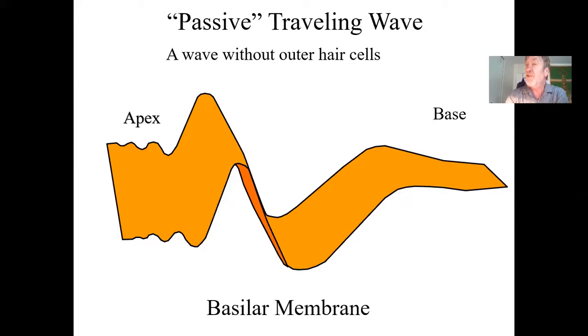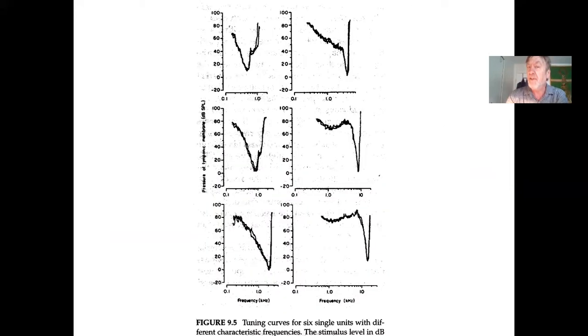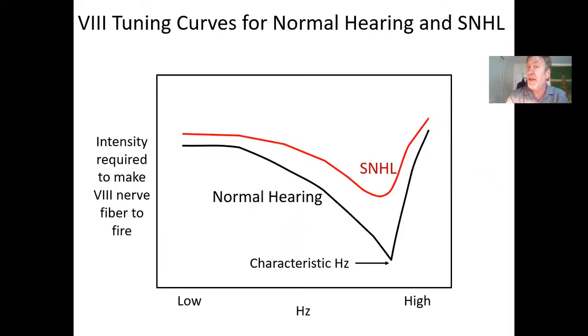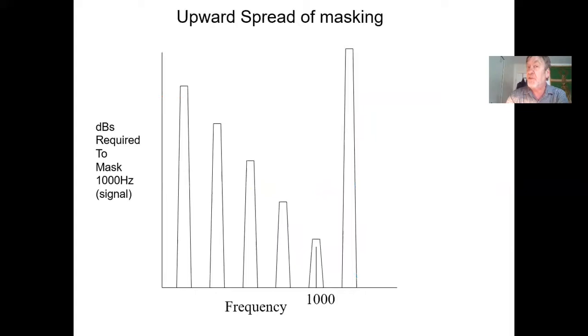Okay, so what you've got is this rounded traveling wave is reflected twice, like the flash of a camera. It's reflected higher up in the system, eighth nerve tuning curves, and it's even reflected behaviorally in masking experiments.